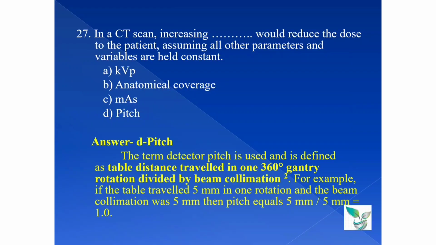So, what is meant by pitch? The table distance travelled in one 360-degree gantry rotation divided by beam collimation. For example, if the table has travelled 5 mm in one rotation and the beam collimation was 5 mm, then the pitch is equal to 5 mm by 5 mm, which is equal to 1.